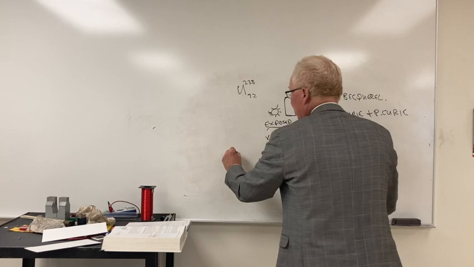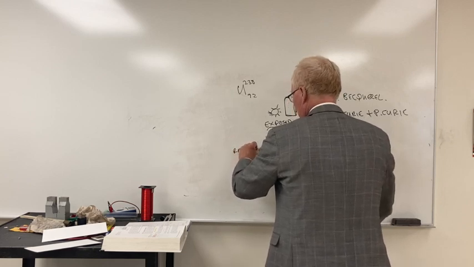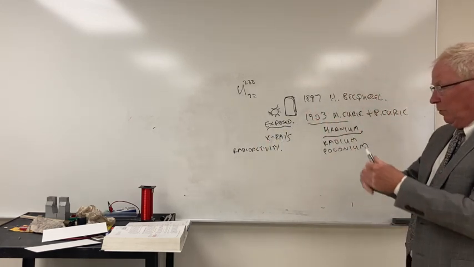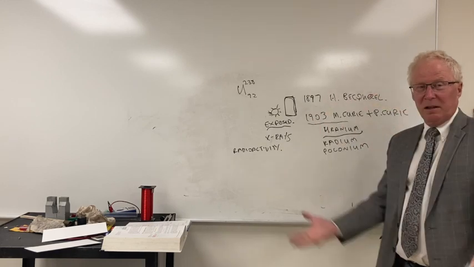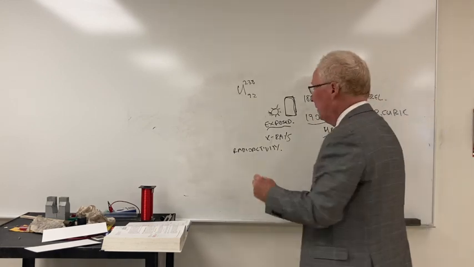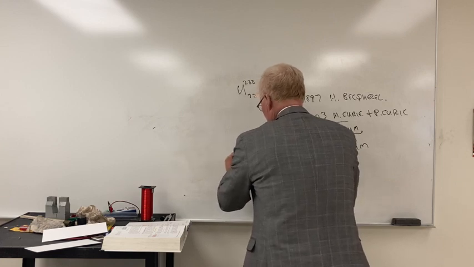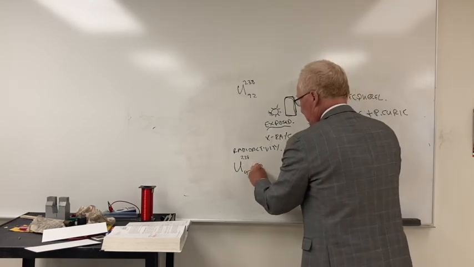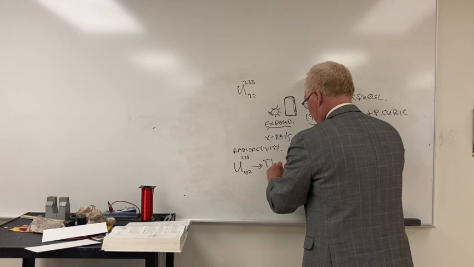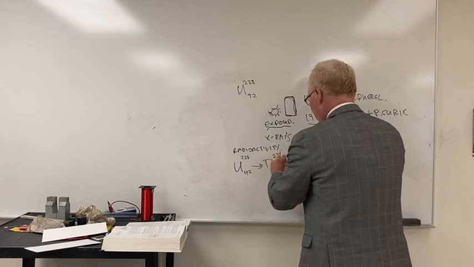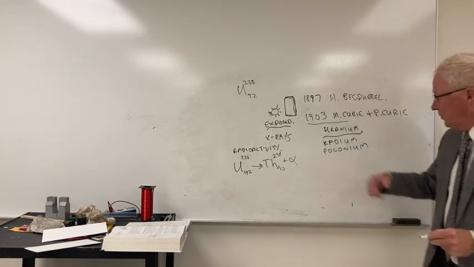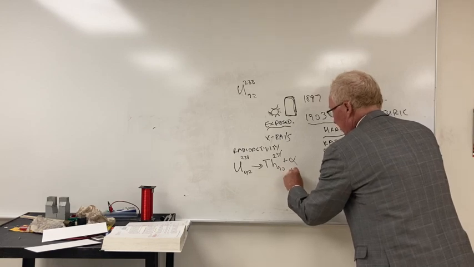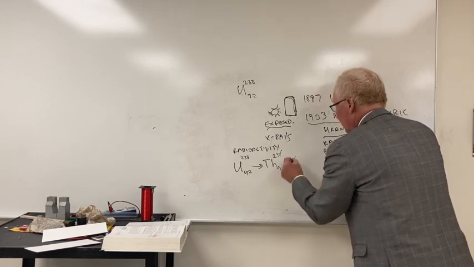So radioactivity, again, this only deals with the nucleus. The only thing that's happening is the nucleus. This has nothing to do with the chemical properties of it. So if we start with uranium 238, this is 92. What they discovered is it breaks down to thorium, 90, 234, and emitted what they call an alpha particle. So that's the Greek letter alpha, which actually turns out to be a helium nucleus of 2 protons and 2 neutrons.